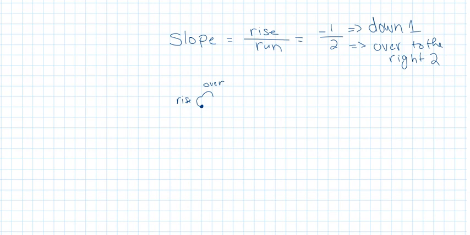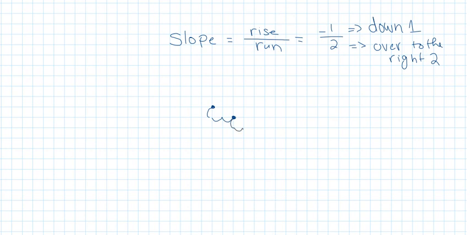Okay? So if I'm starting at this point, to find my next point, if I have this slope, I have to go down 1. So I went down 1, and I have to go to the right 2. So that's 1, 2 to the right. And this is where my next point would be. I can keep repeating this to find my next point: down 1, over 2.